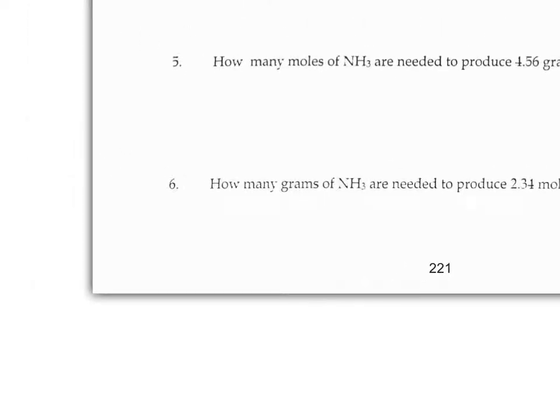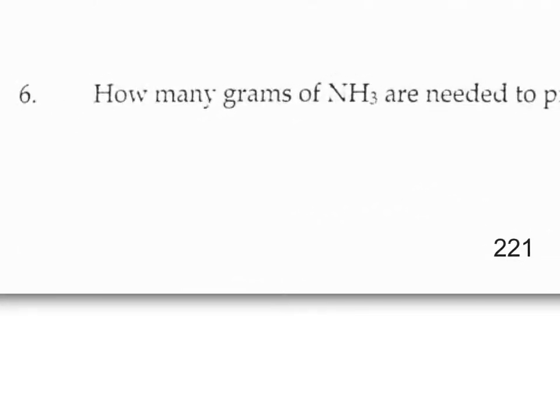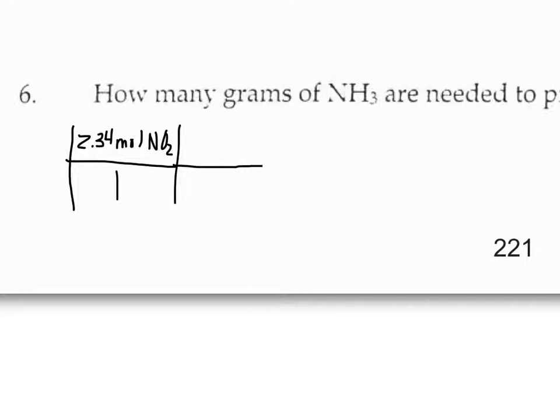So we write down what we have. 2.34 moles NO2 over 1. Now, since we're already in moles, we do not have to convert to moles, so we can skip that step and go right to the mole ratio.